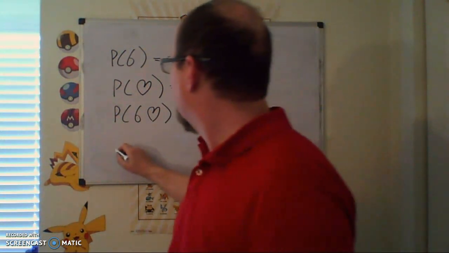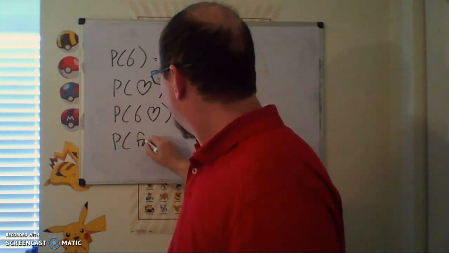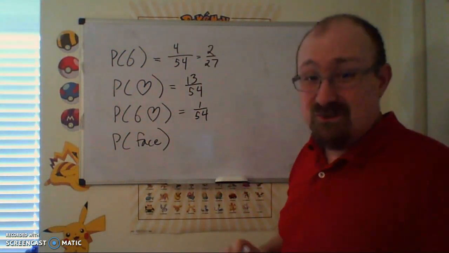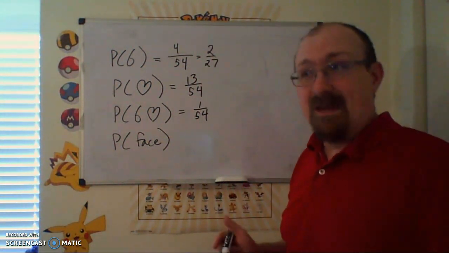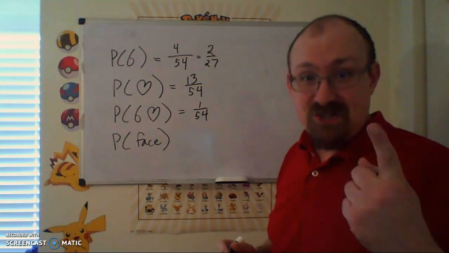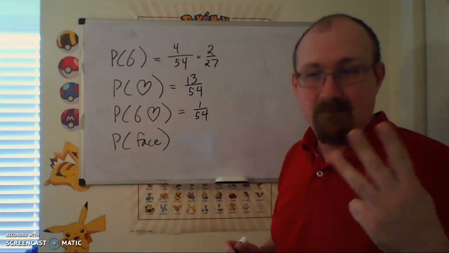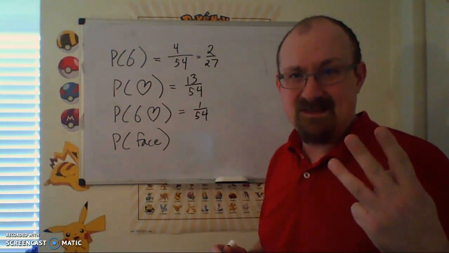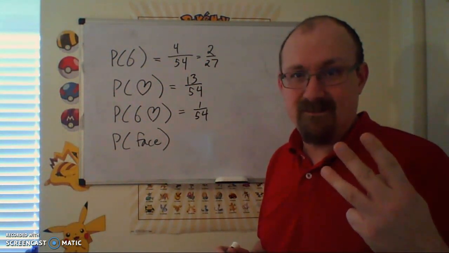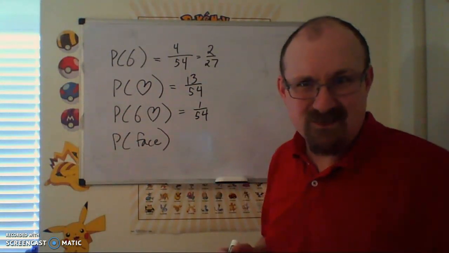Okay, so in the PowerPoint slides, I just used a little smiley face icon. Face cards we conventionally refer to as the Jack, the Queen, and the King. The text talks about picture cards that lumps in the ace. I'll be honest, I'd never heard that until it came up in the text, so don't stress too heavily.